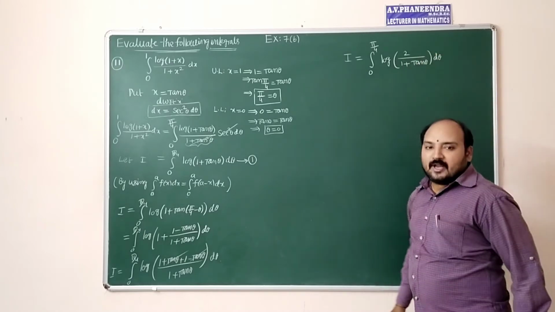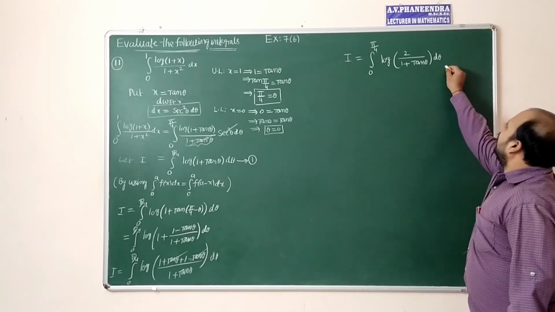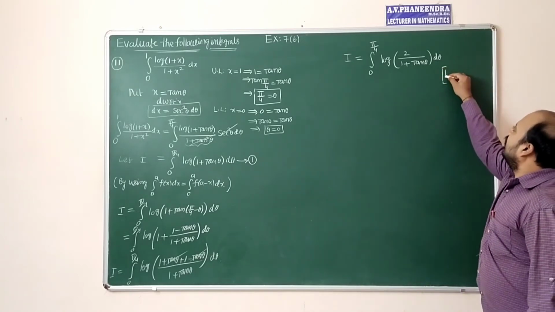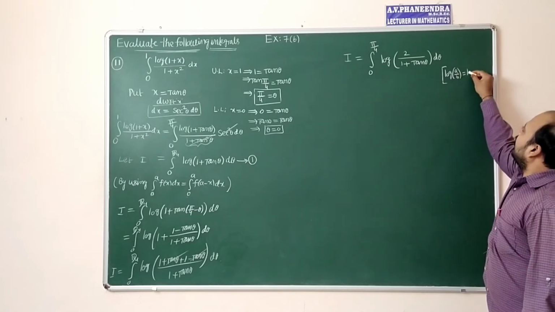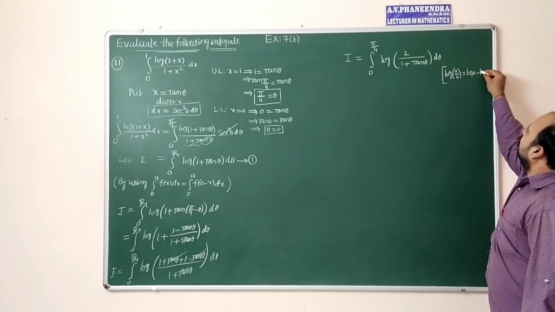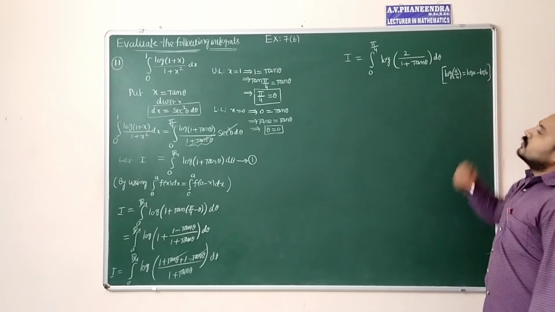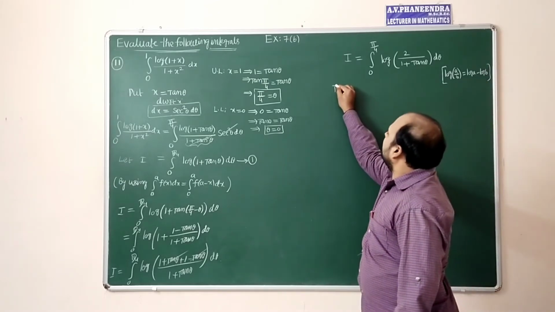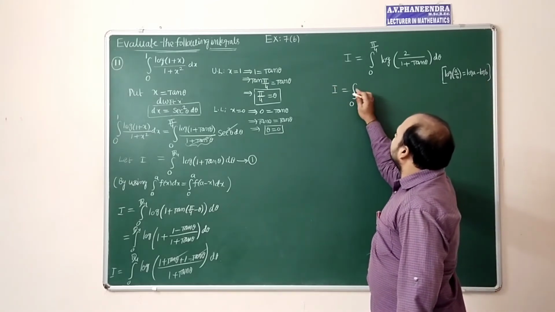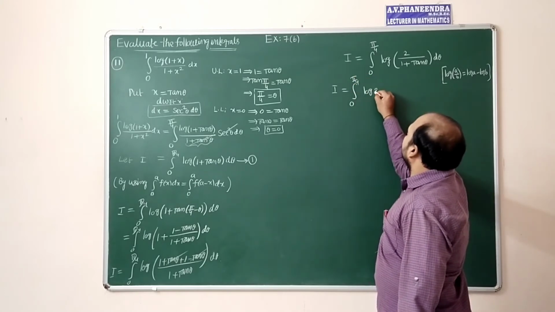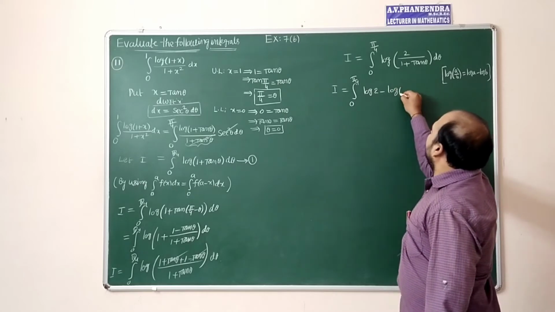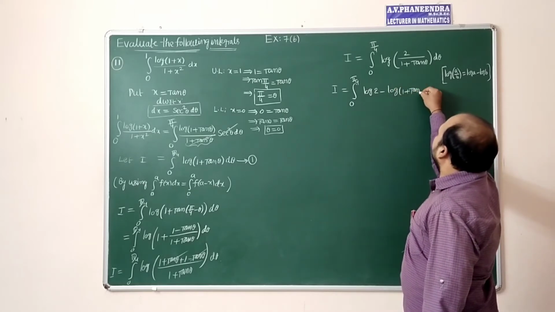Here you have to apply the formula log A by B equals log A minus log B. So now I equals integral 0 to pi by 4 of log 2 minus log of (1 plus tan theta) d theta.